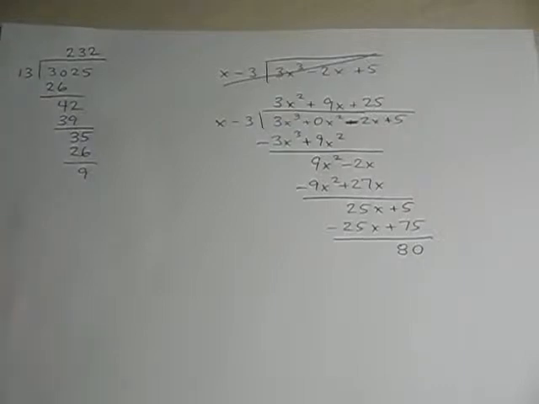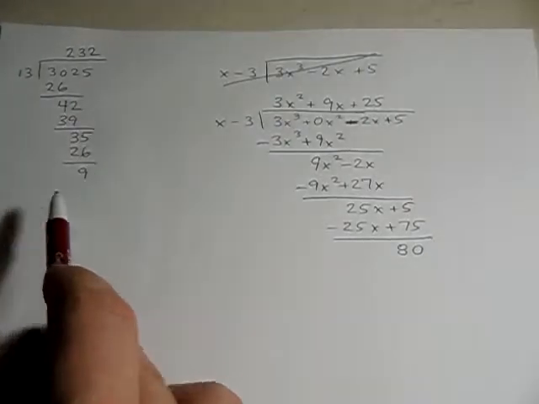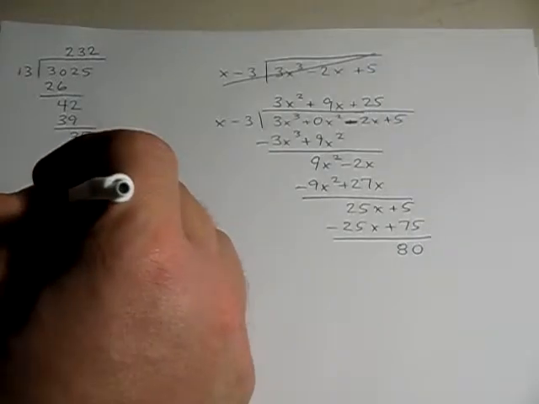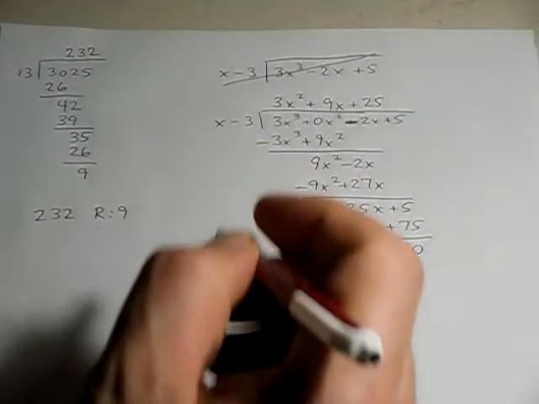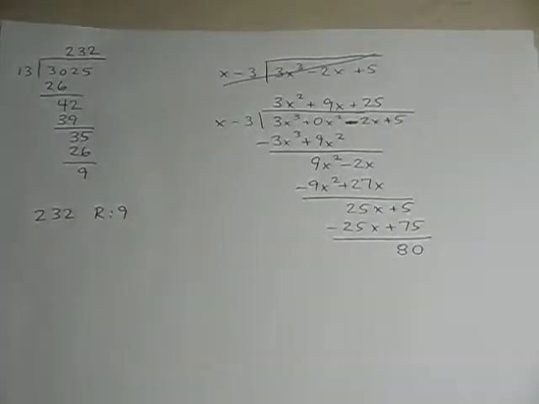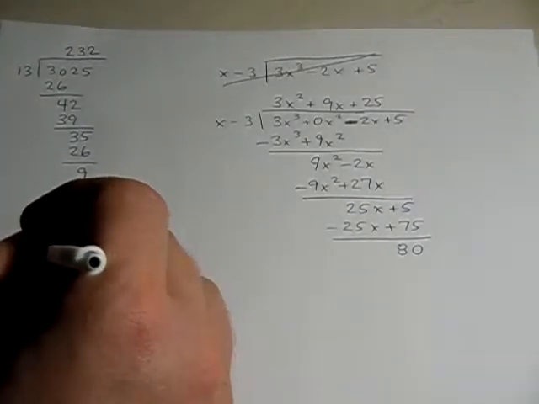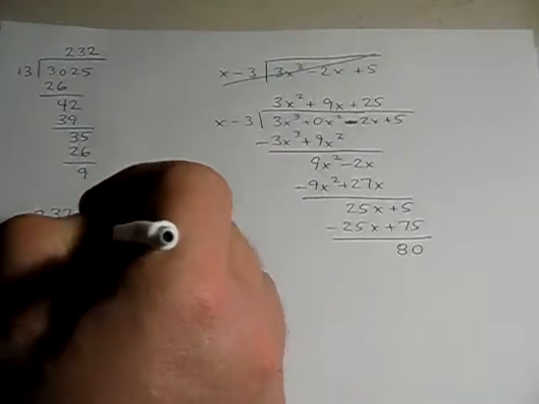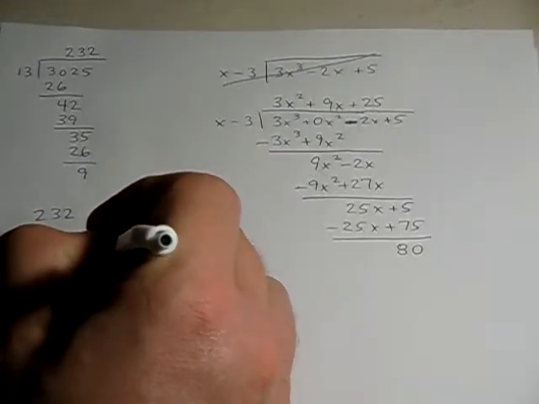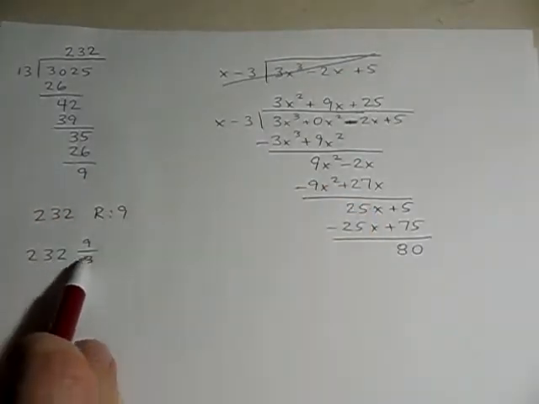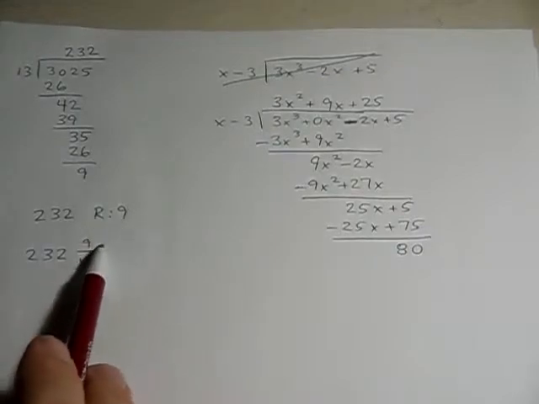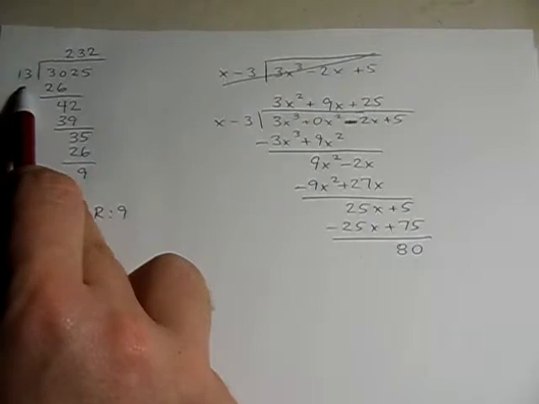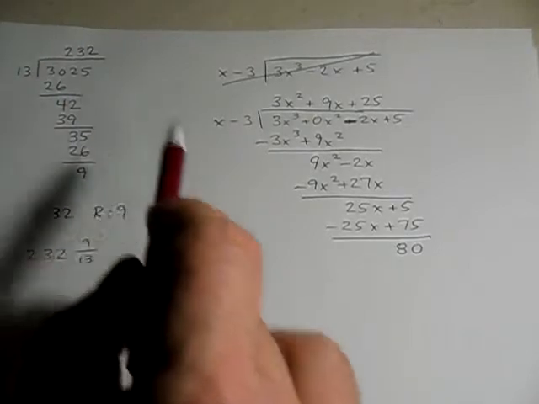Then when you express your answer, when you first learned regular division, you probably first started off by writing your answer as 232 remainder 9. And then when you become a little more advanced, maybe you learn that you can write it as a mixed number, where you have 232 and 9/13, 9 from the remainder and 13 from the divisor.